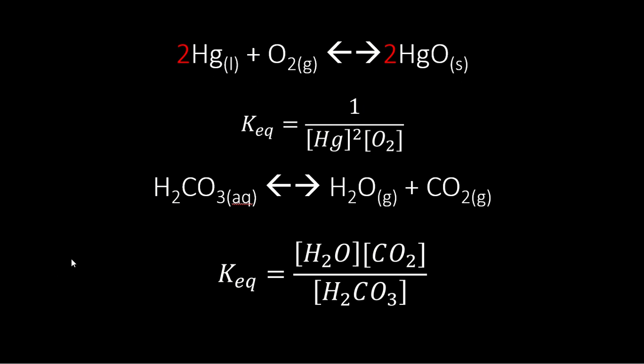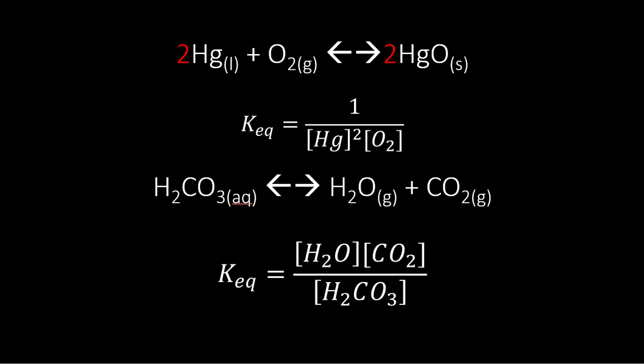So, all right, KEQ equals the concentration of gaseous water times the concentration of gaseous carbon dioxide over aqueous carbonic acid. And each of those are raised to the first power because the stoichiometry of this chemical equation is 1 to 1 to 1.